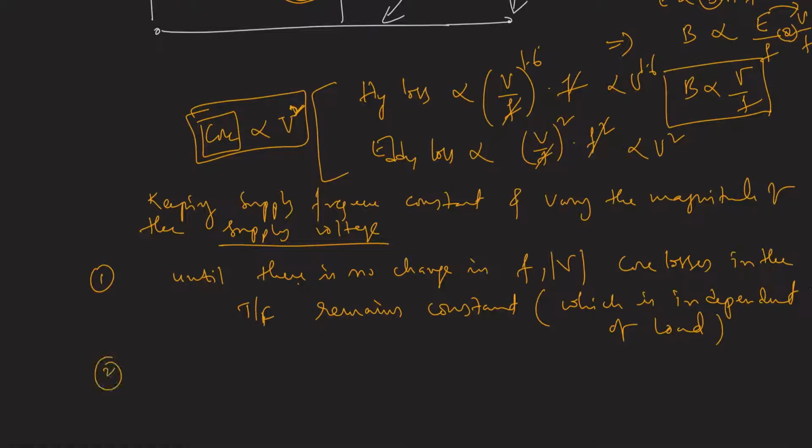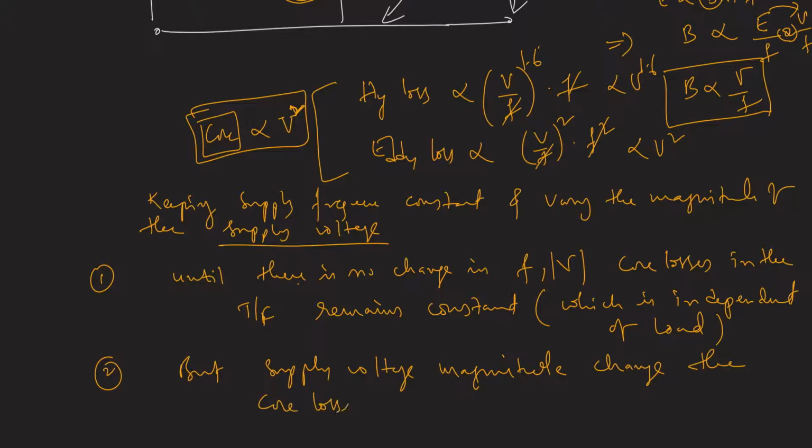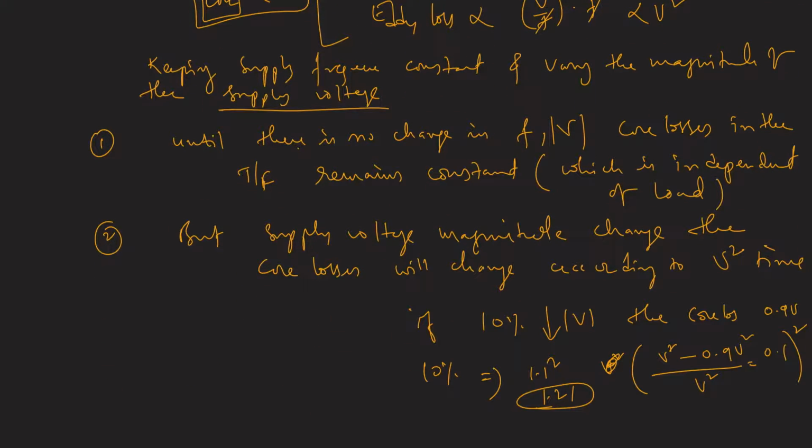But if the supply voltage magnitude changes, then the core losses will change according to V squared, right?